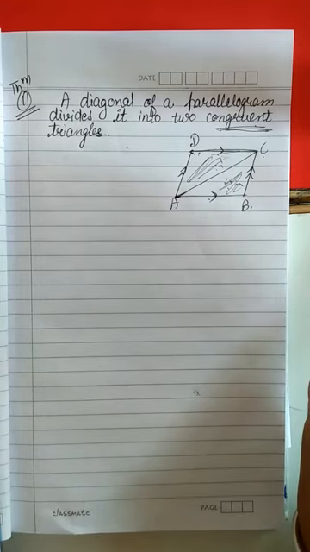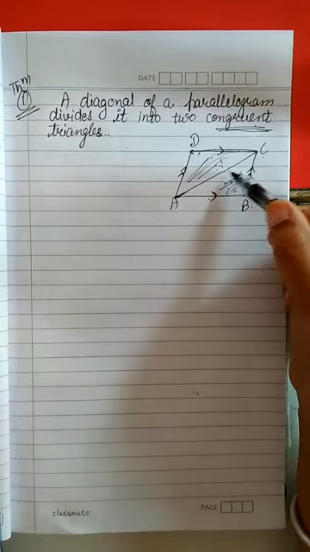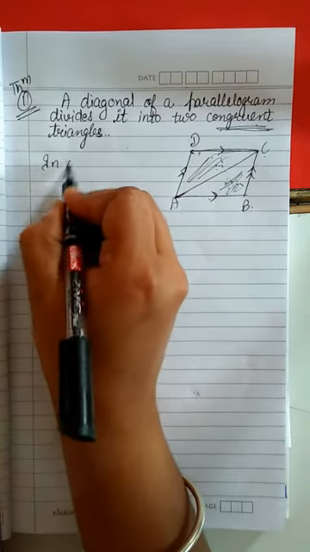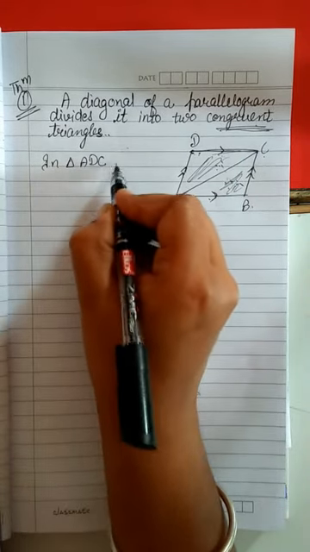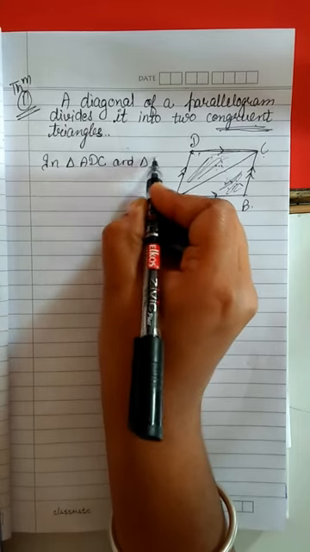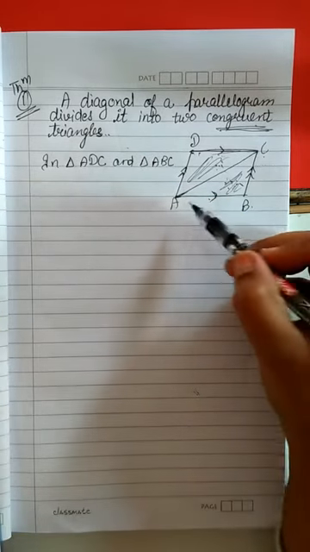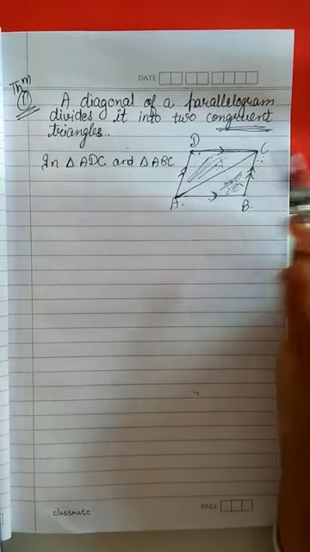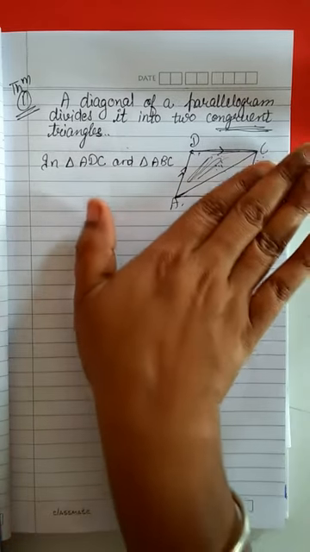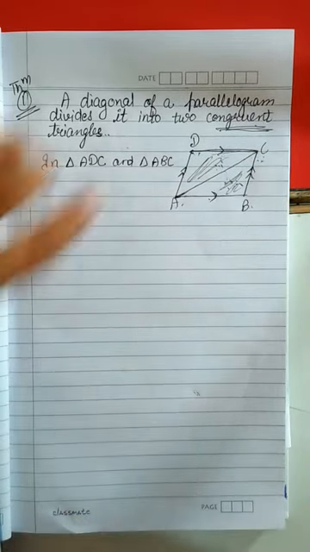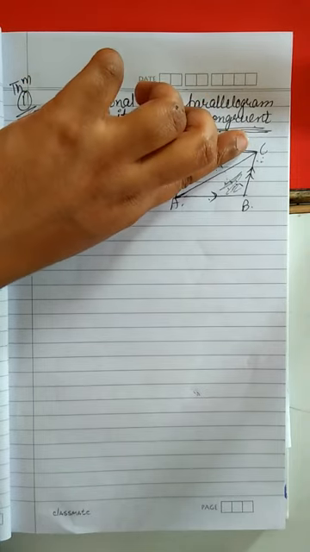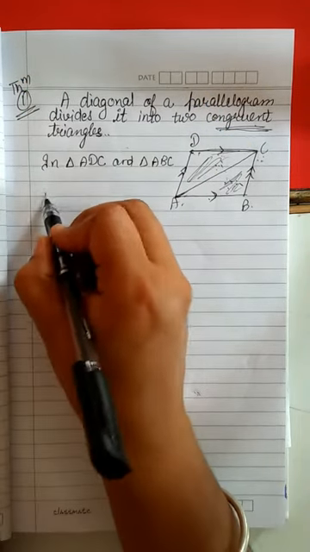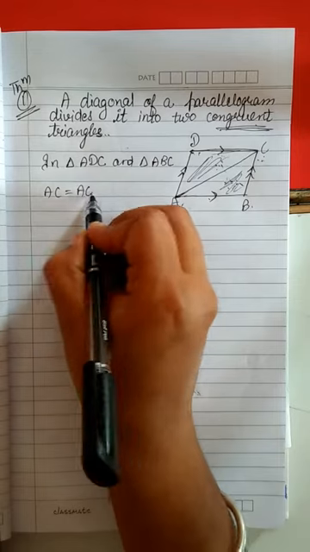The three conditions are, when we take triangle ADC and triangle ABC: AC is common in both triangles, because when we take this triangle AC is the same, and when we take this triangle AC remains the same. So AC is equal to AC.